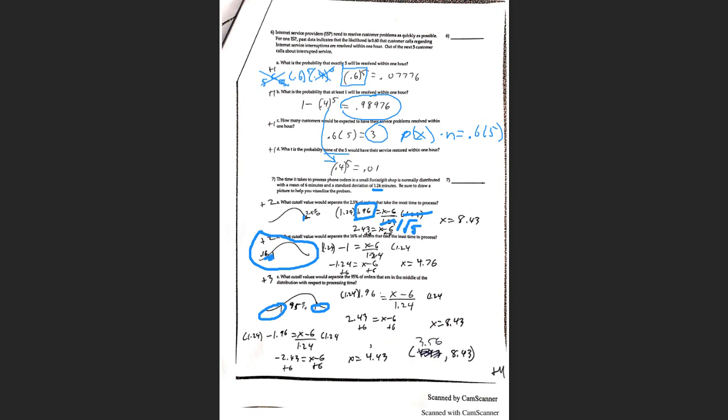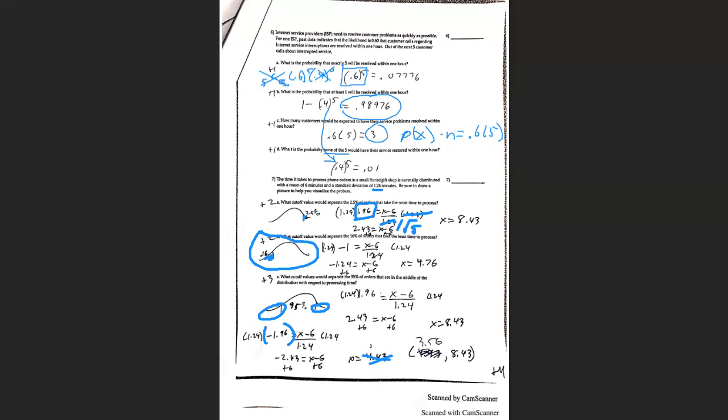That gets you down to 3.56. You just do 1.96, because it's always x equals negative 6, that's your standard deviation, and you multiply both sides by 1.24 and add 6. So the only difference is that it's a negative z-score instead of a positive z-score.